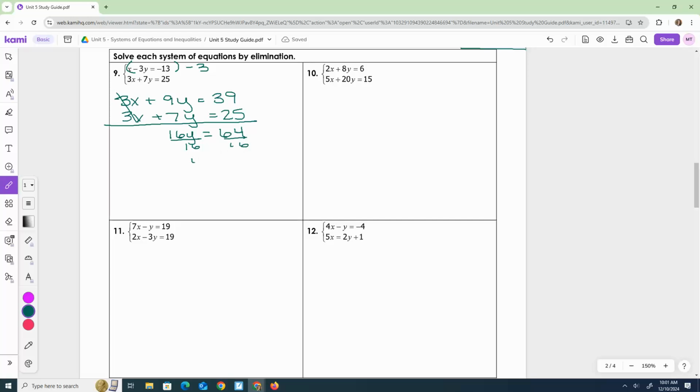Divided by 16, and y is 4. Once we have that, we plug it back in either equation. So if I go with the first one, x minus 3 times y, which is 4.